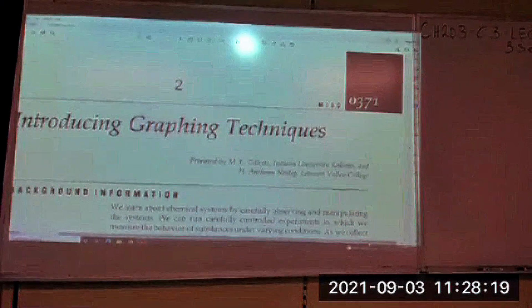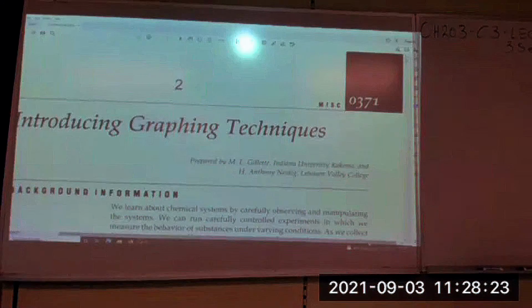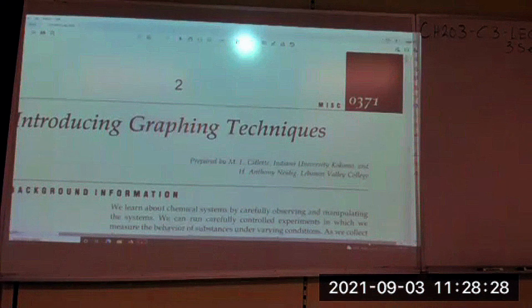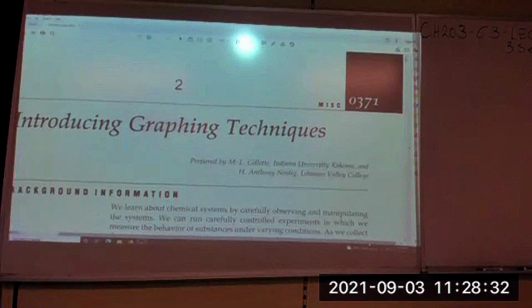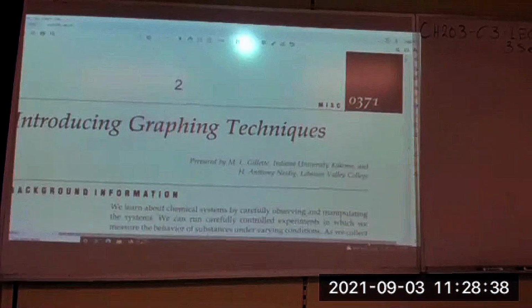Humans are visual creatures. That's probably a maxim. Everybody knows that. That's not to say that someone who is vision impaired can't function. It's just that we prefer visual input.